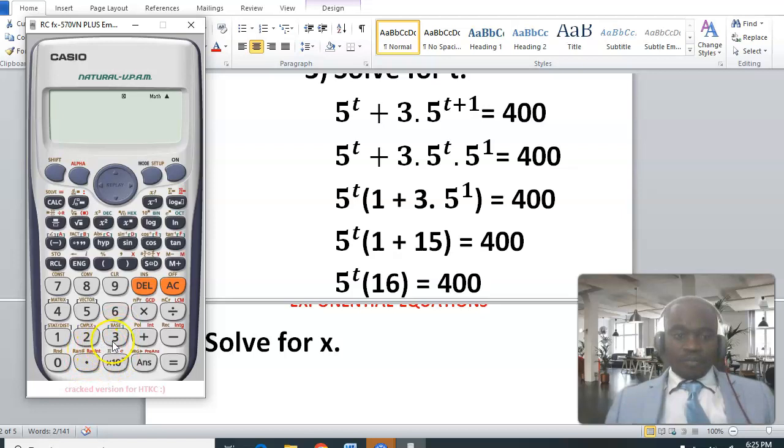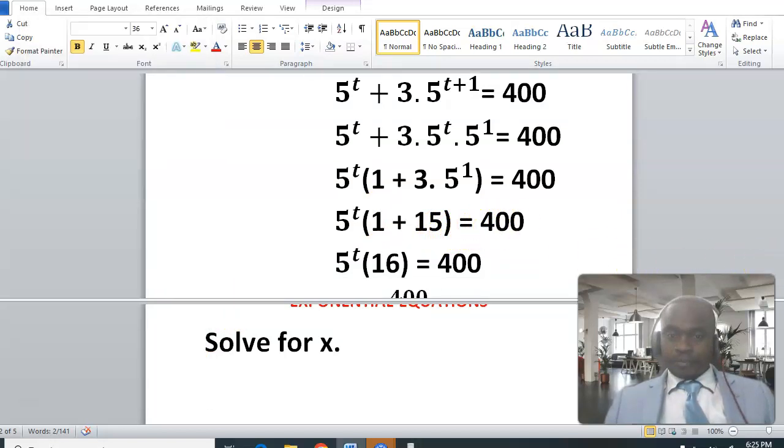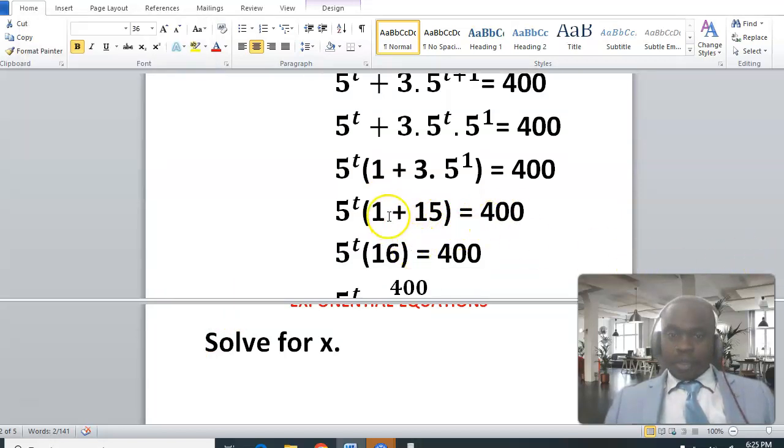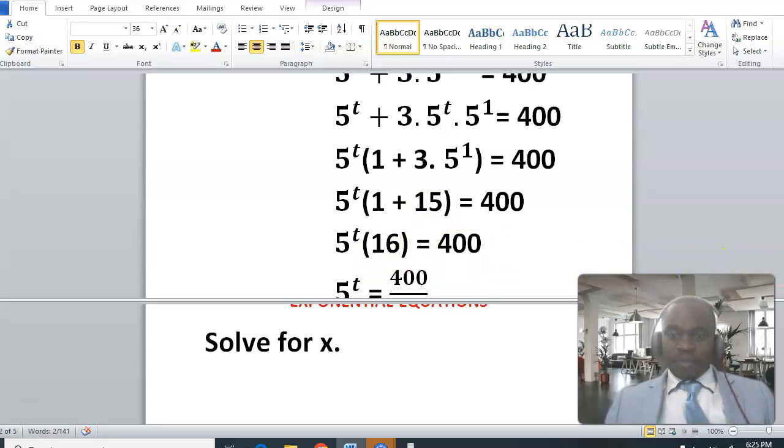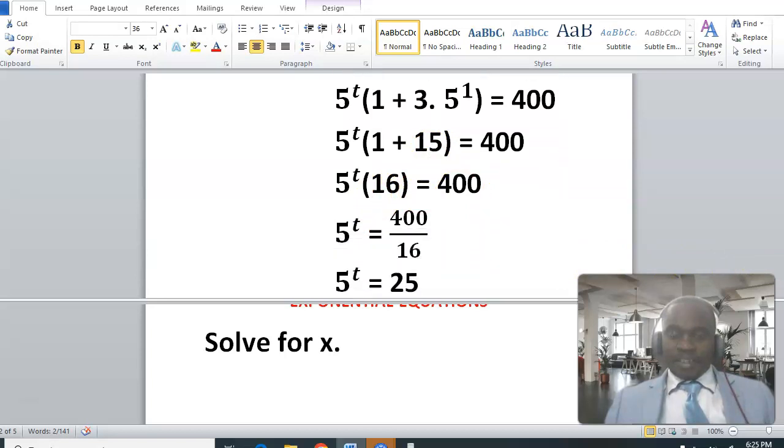So it's like this, 3 times 5 exponent 1 is 15. Then we are going to have 1 plus 15, which is 16. We divide both sides by 16.